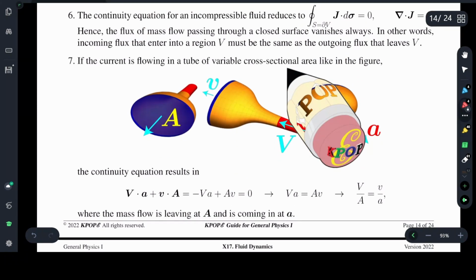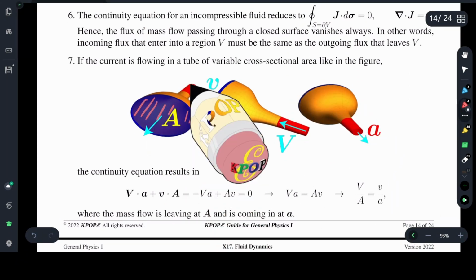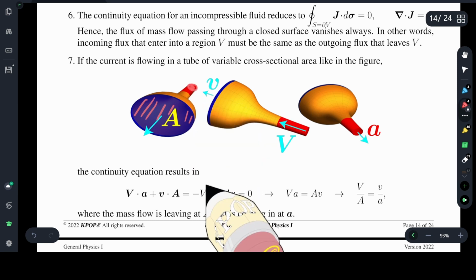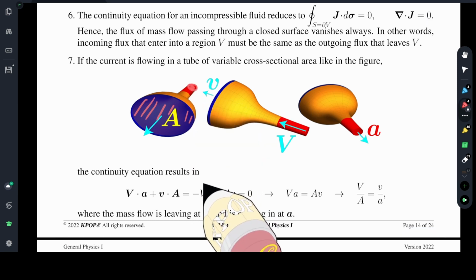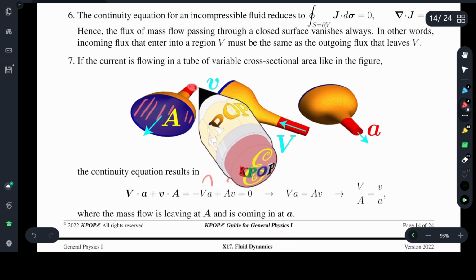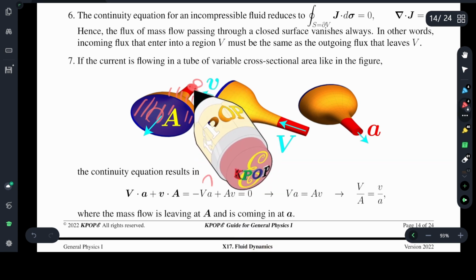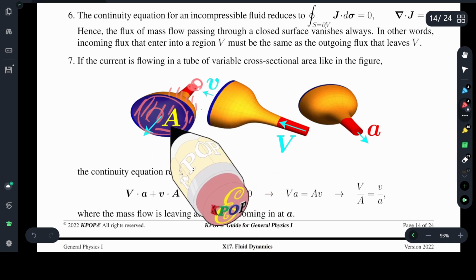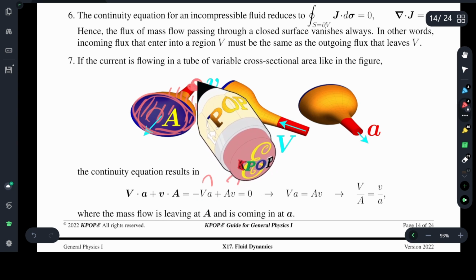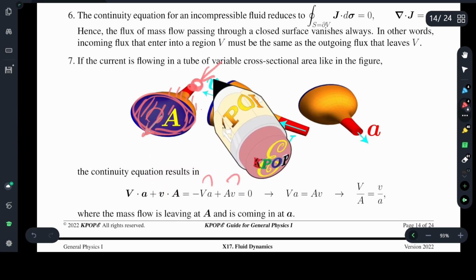As a result, with a wide area and a small cross-sectional area, the VA product should be the same here and there because it is closed, with two open ends. There's a wider part and a narrower part, so it is slower and faster.